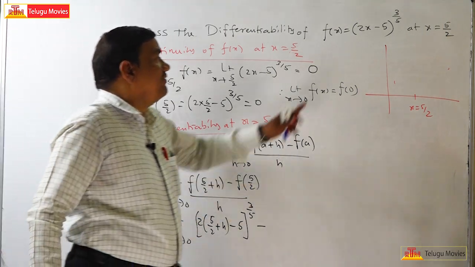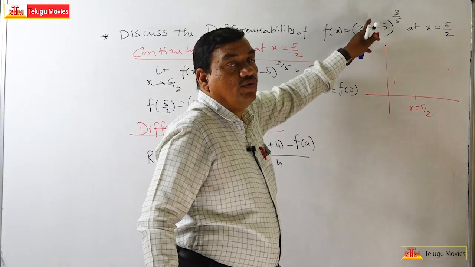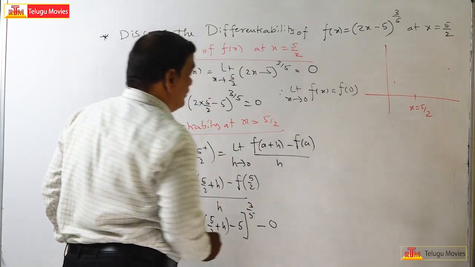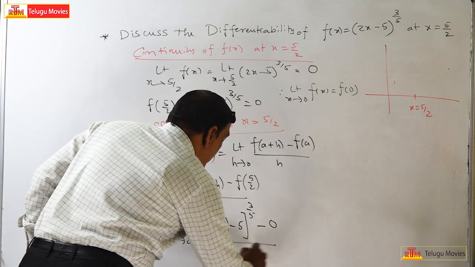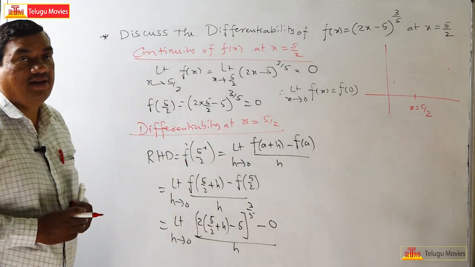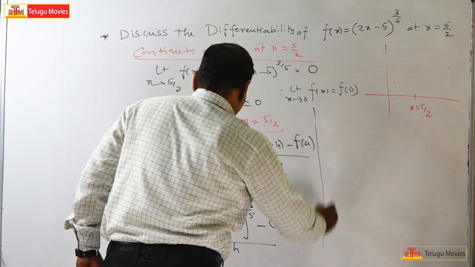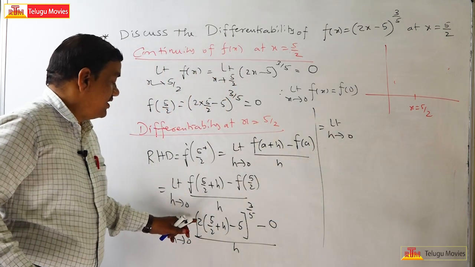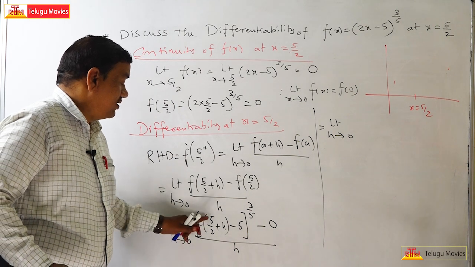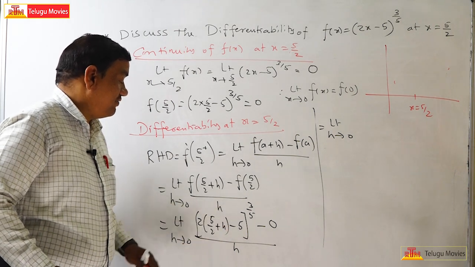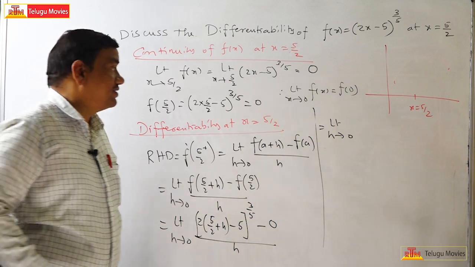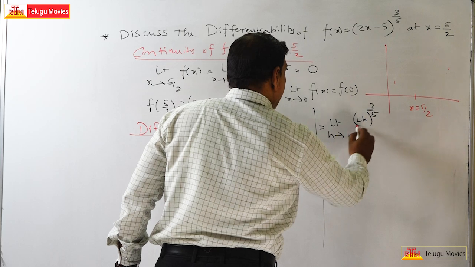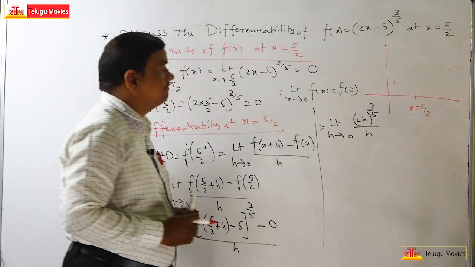Substituting 5 by 2, 2 cancels and we get 0. So f of 5 by 2 is 0, whole divided by h. Multiplying inside, 2 into 2 cancels, 5 remains, 5 minus 5 cancels, 2h remains. Therefore we get (2h) to the power of 3 by 5, divided by h.